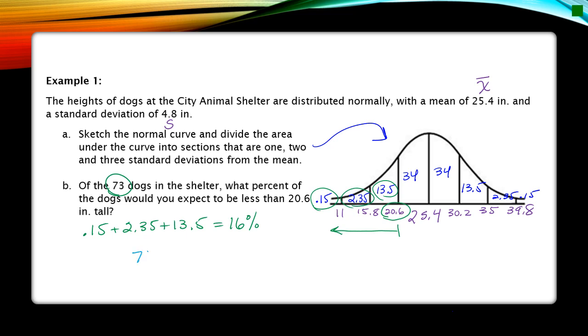You'd actually have to multiply it by 0.16 because you'd have to translate 16% into a decimal. And when you figure this out, you get about 11.68, but since we're talking about dogs, we'd have to round it to the nearest whole number. So we'd be talking about approximately 12 dogs.